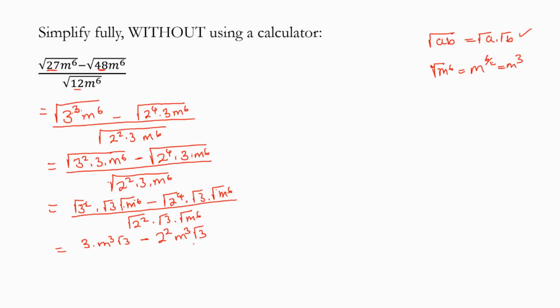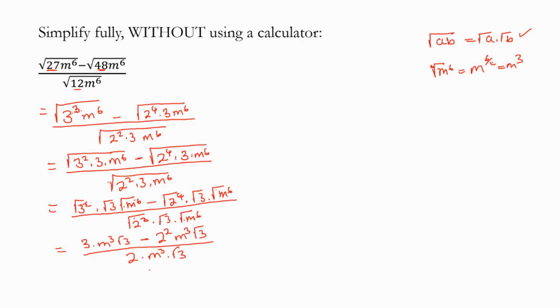Then square root of 3 remains as it is. And then over, the square root and the square here, 2 divided by 2 is 1, so we remain with 2. We know that square root and the square, they cancel each other out, we remain with 2. And then square root of m to the power 6 is m to the power 3, and times the square root of 3 remains as square root of 3.